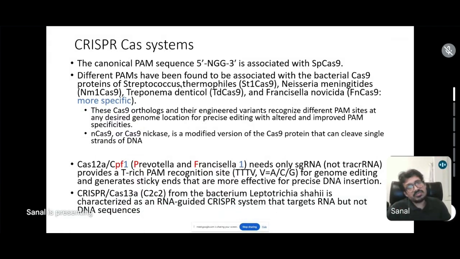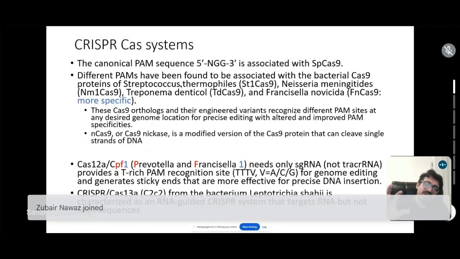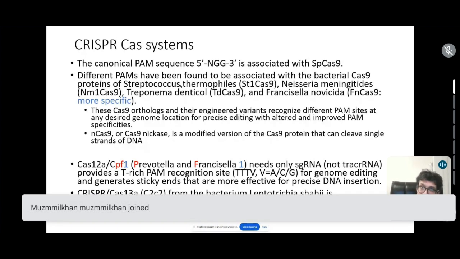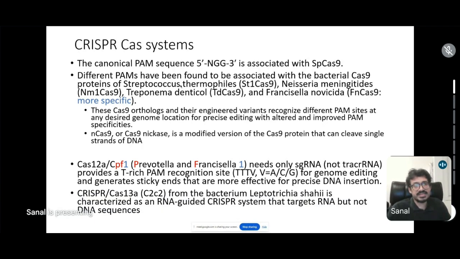Treponema, for example, it will be TD-Cas9. Francisella, it will be FN-Cas9. Each of these Cas9 systems has its own properties. These Cas9 orthologs and their engineered variants recognize different PAM sites at any desired genome location for precise editing with altered and improved PAM specificities.